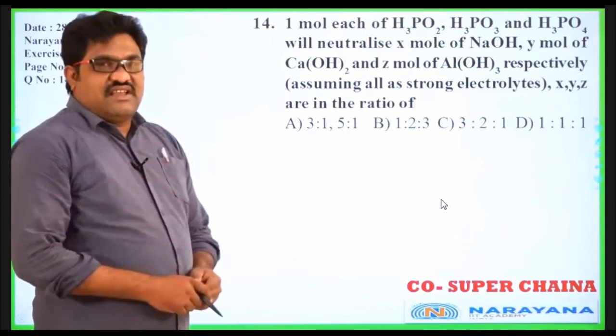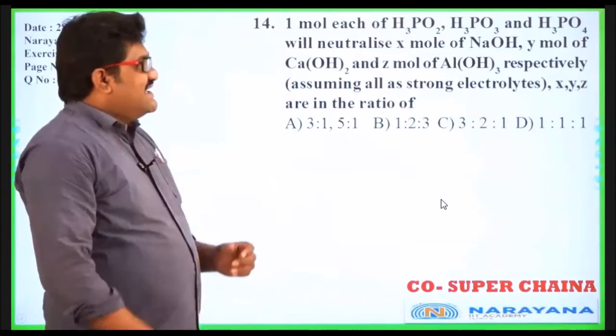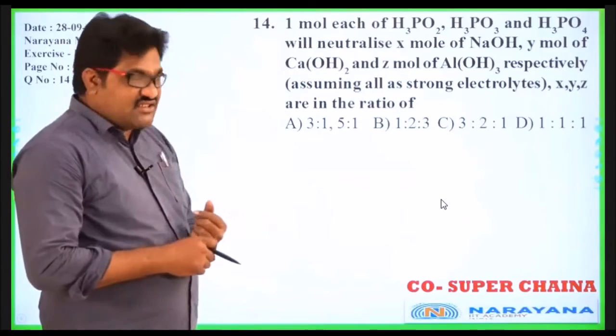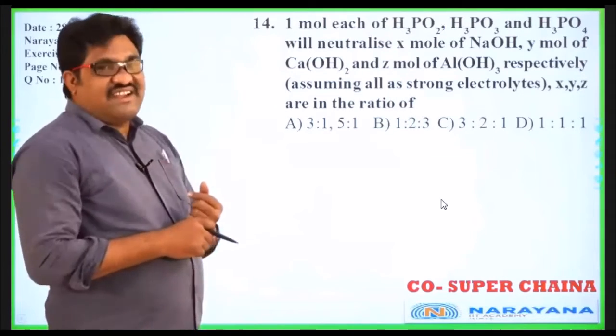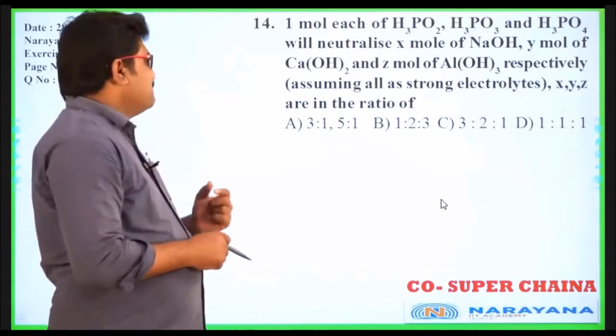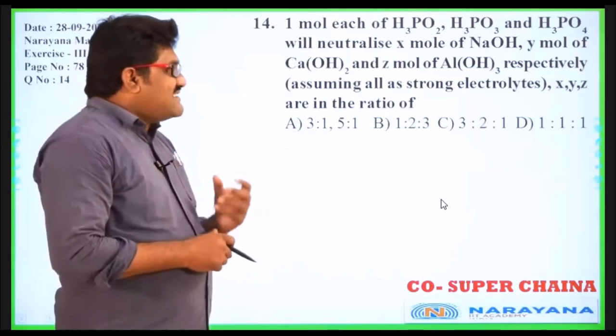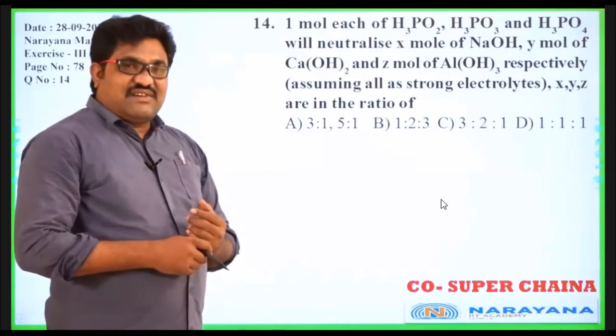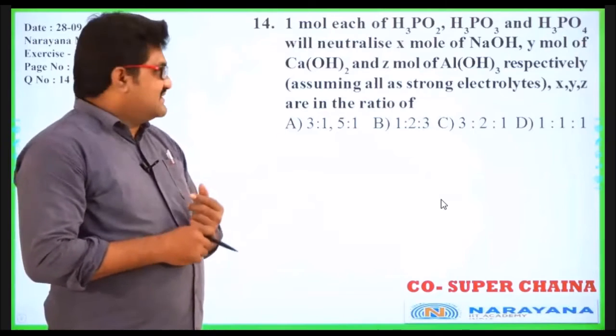H3PO2, H3PO3 and H3PO4 will neutralize X moles of NaOH, Y moles of calcium hydroxide and Z moles of aluminium hydroxide respectively, assuming all are strong electrolytes. Oxy acids of phosphorus are weak acids.